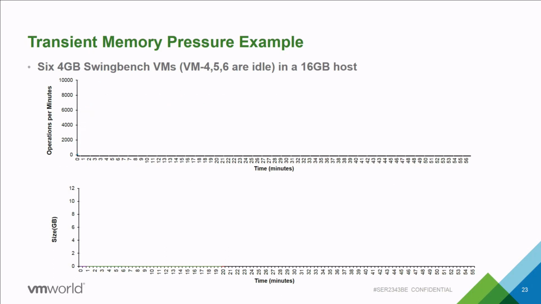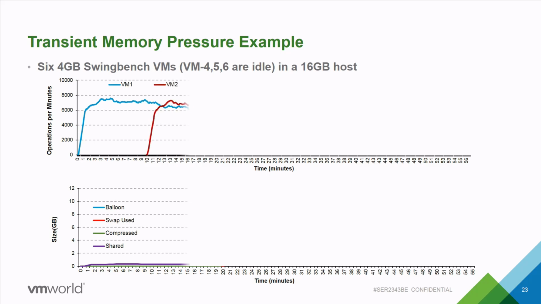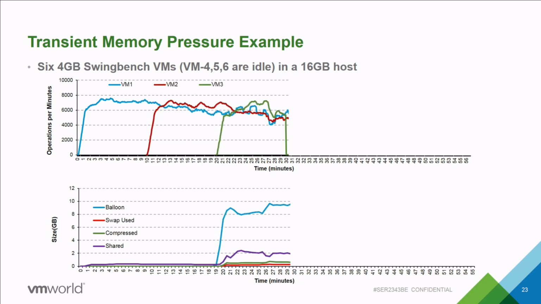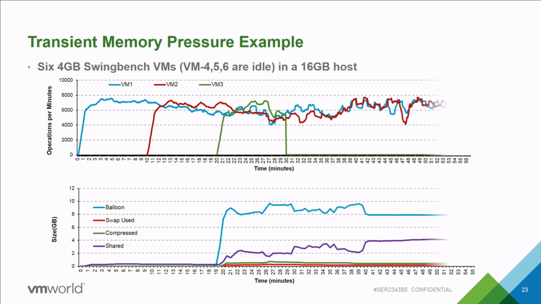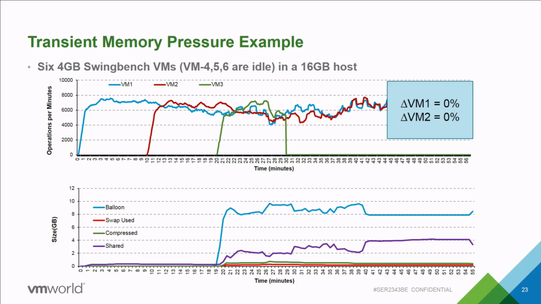I will skip this slide. At a high level, it says that if memory pressure is transient, then we do not do swapping, and instead we use ballooning and page sharing to hide the memory pressure, and in the end the performance loss of the virtual machine is minimal.